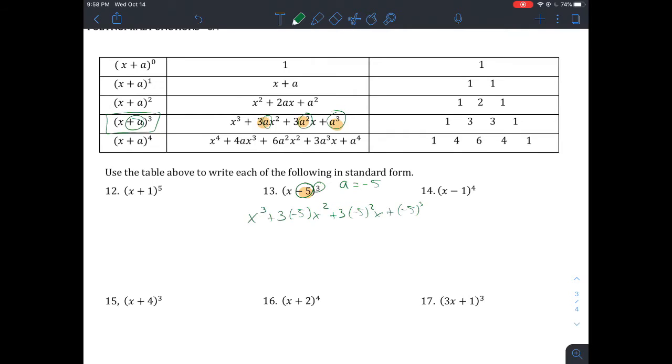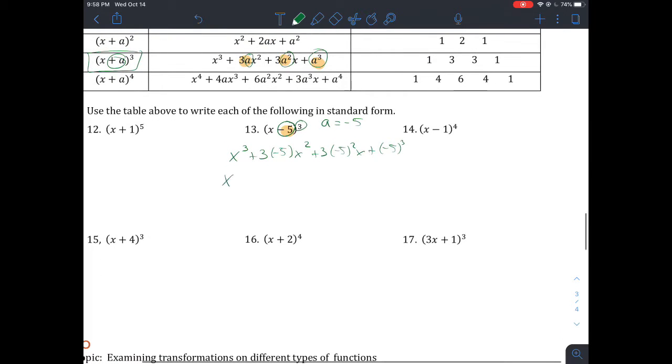And then we just got to simplify. So we get x cubed minus 15x squared. And you're going to end up with, let's see, 25 times 3, so plus 75x. And then you're going to get a minus 125. All right. And that would be your answer there.